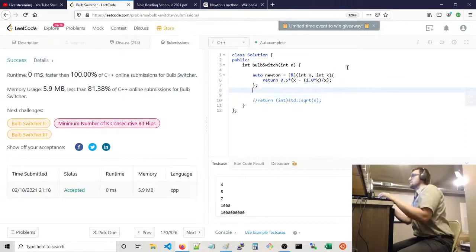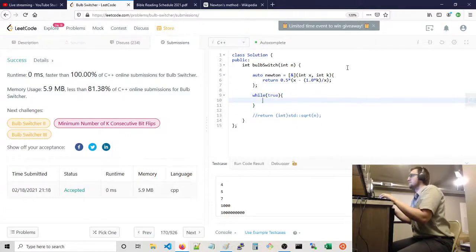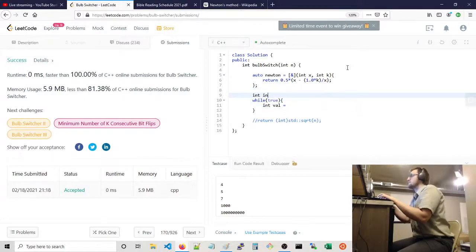And then we can take Newton, and we're going to go ahead and say while true. We want some initial value, we'll just call it x, which is going to be 1 to start off with.